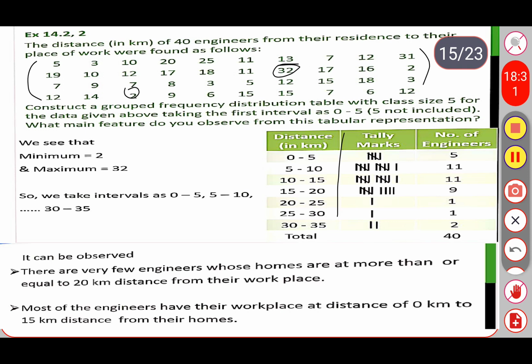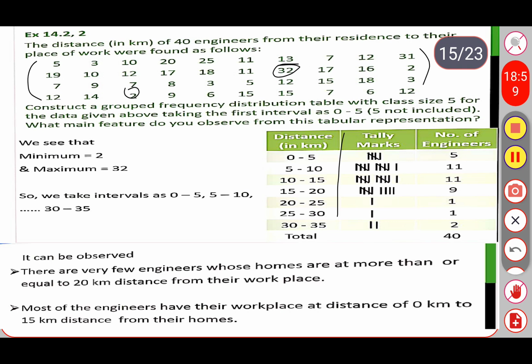So 0 to 5 means within 5 kilometers. Here 5 is not included, which means we need to consider only 0 to 4. Next 5 to 9, and next 10 to 14, next one 15 to 19, next one 20 to 24, and next one is 25 to 29, and the last one is 30 to 34.